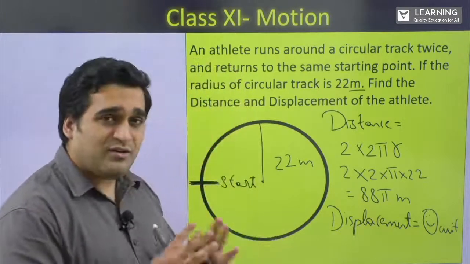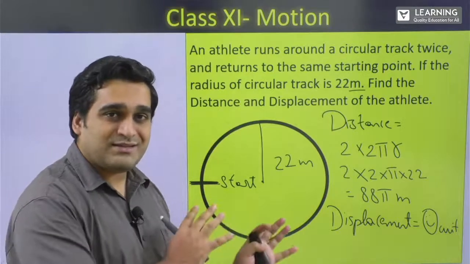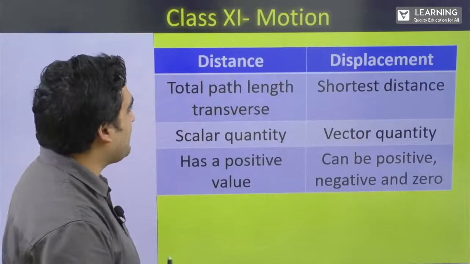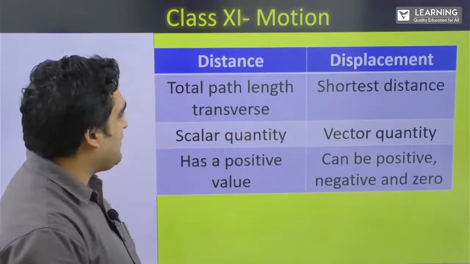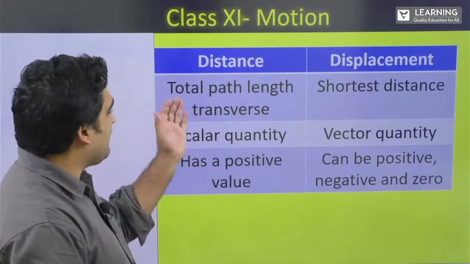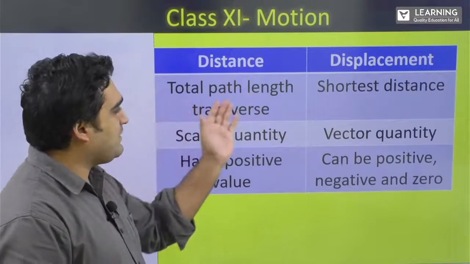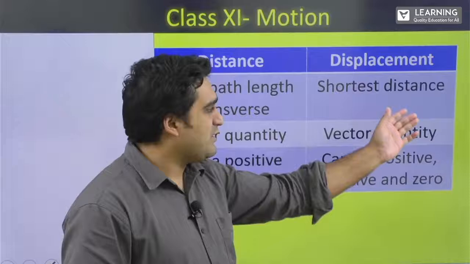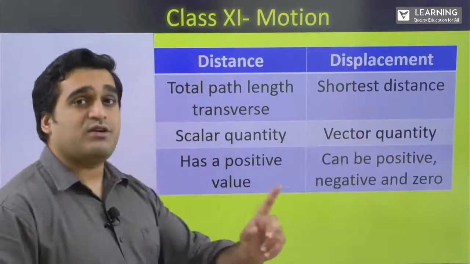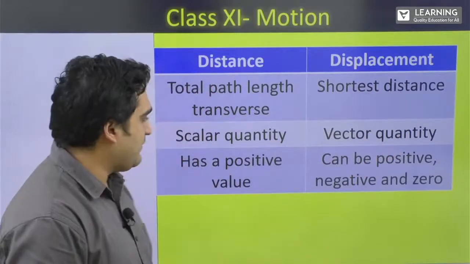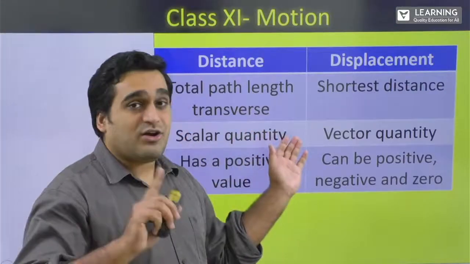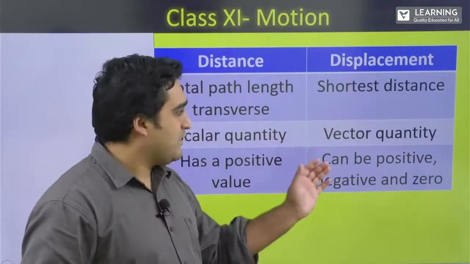So let us look at the comparison between distance and displacement in this table shown here. Distance we define as the total path length traversed. Displacement we define as the shortest distance between the 2 points, the initial and the final. Distance is a scalar quantity which does not rely on direction.